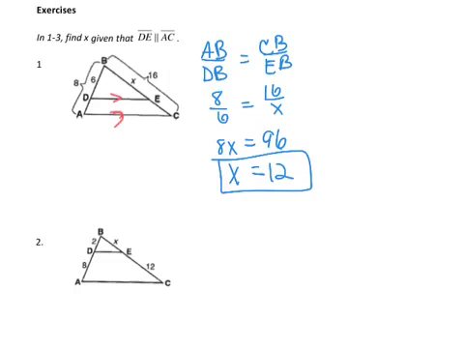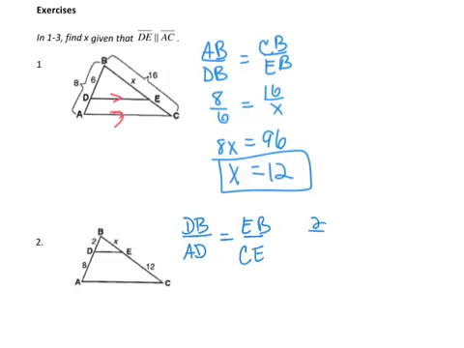In the second example, we have our segments this time. We don't have the whole sides, and we don't need them because the 2 is going to go with the x and the 8 is going to go with the 12. So I know that DB over AD has got to be the same proportion as EB over CE.